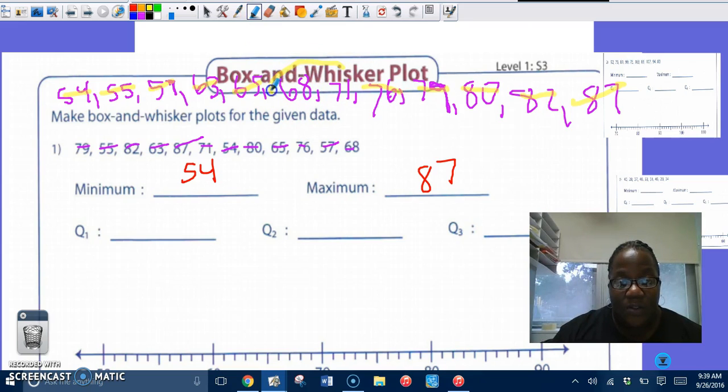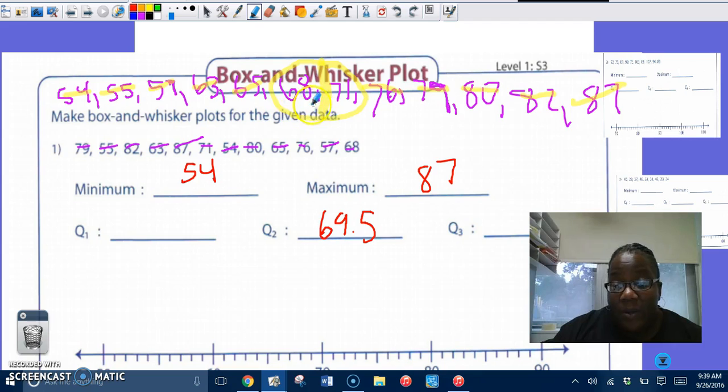Okay, so that means right here is where our median is. And if we add and divide by 2, you would get 69.5.